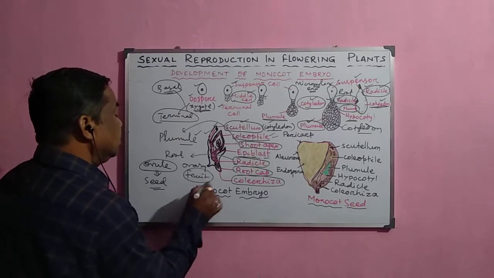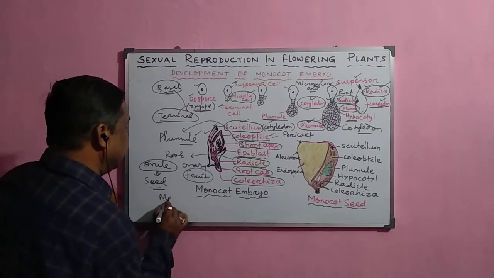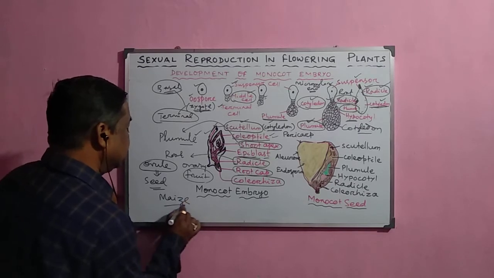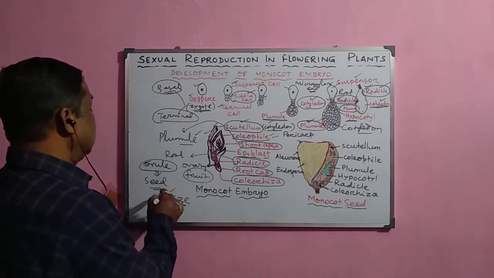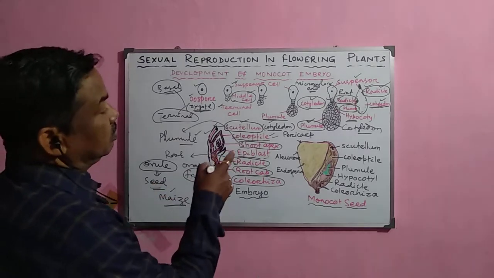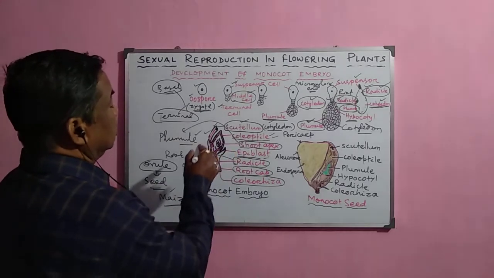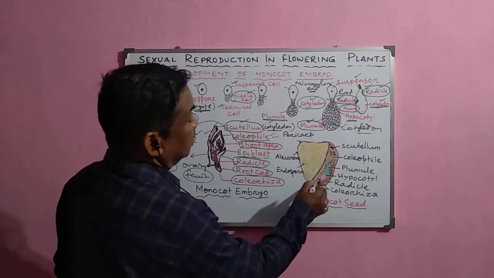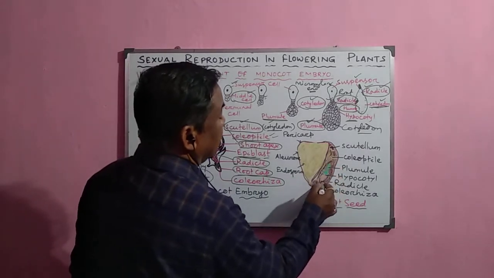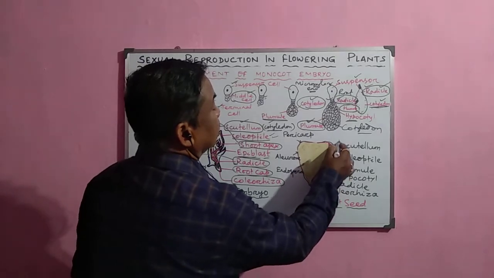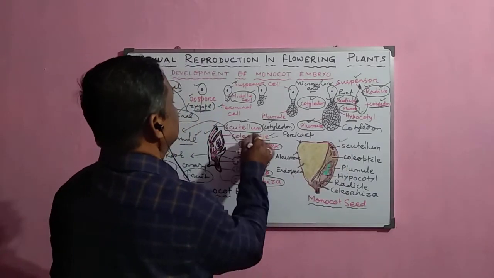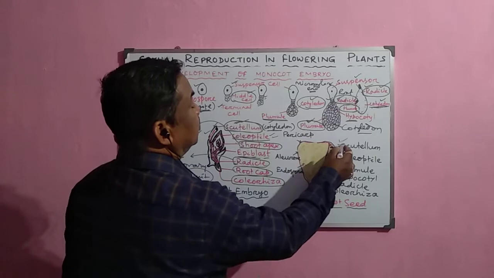Suppose we take the example of a maize seed. In case of a maize seed, what happens? The ovule develops into the seed, but the embryo is present only in this part. This is the part of the embryo. And in this embryo, look here, this is the scutellum region. This scutellum is present here.